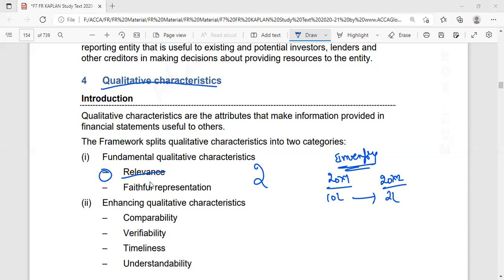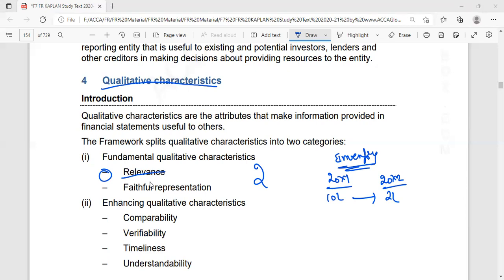So information is relevant when it has predictive and confirmatory value. And the second one is faithful representation. If the information is to represent faithfully the transactions and other events, they must be accounted for and presented in accordance with the substance and economic reality and not merely their legal form.